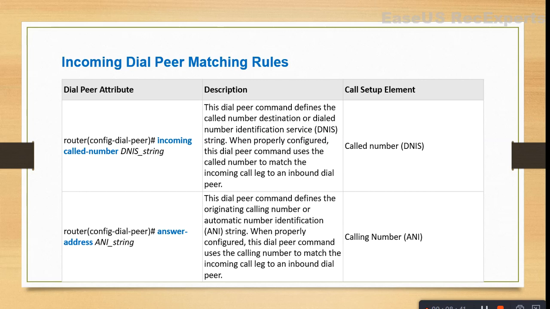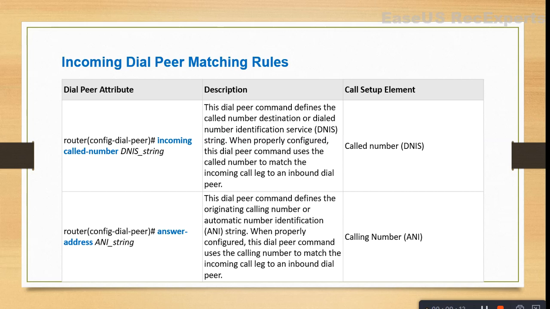So when you have multiple dial pairs configured in the voice router, if any dial pair is configured using the incoming call number command, that dial pair will be used every time. Even if you have a matching pattern under destination pattern command, that won't be used. It always will select the dial pair having the incoming called number command.